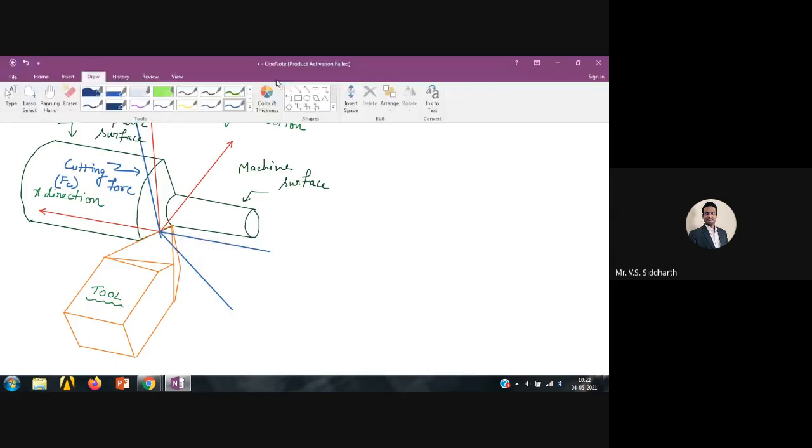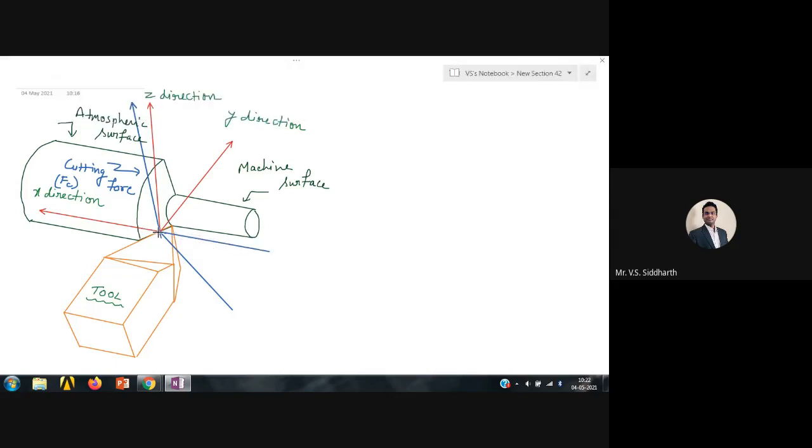Another one will be the component along y direction. So basically, this contact force is known as Ft, which is thrust force.